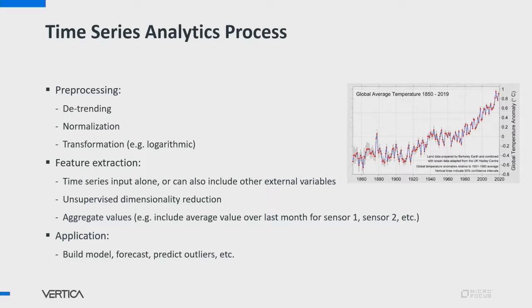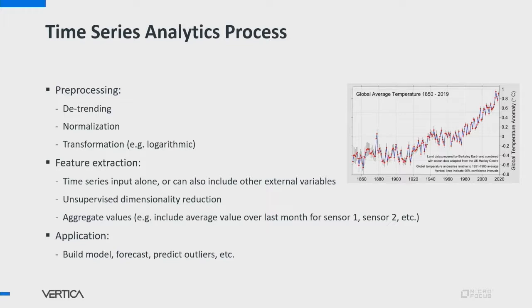Then comes the feature extraction part. As we discussed earlier, a time series is a timestamp with a variable value, but sometimes there are other variables along with the original variable of interest as well. So sometimes you can combine those variables and do an unsupervised dimensionality reduction.